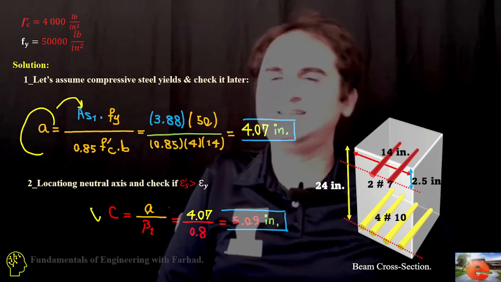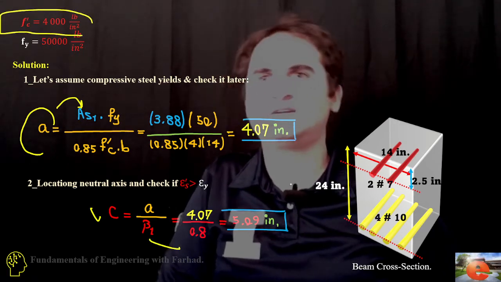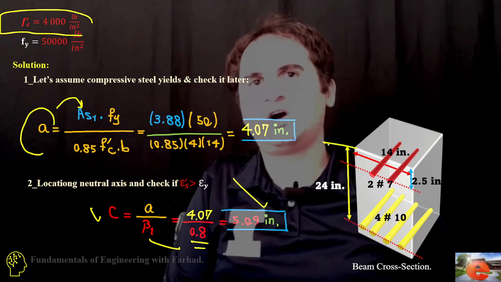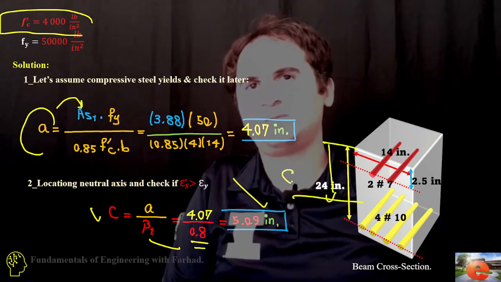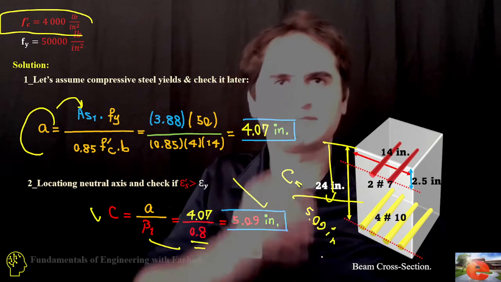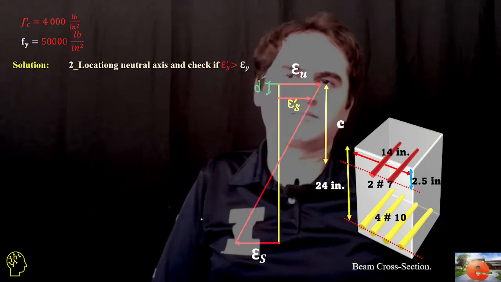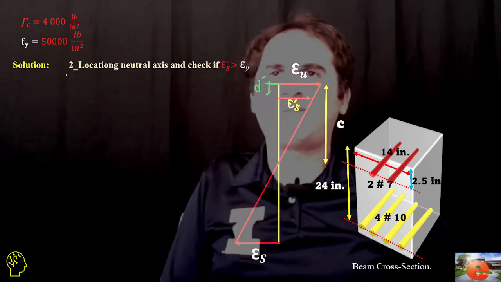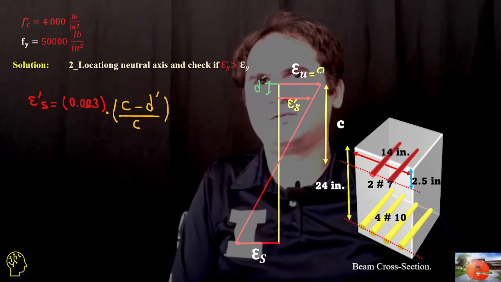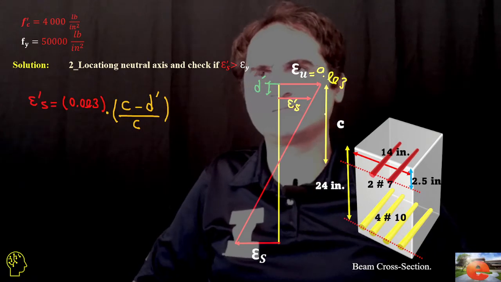Then c is a over beta 1, and for f prime c equal to 4,000, beta 1 is 0.85, which gives the height of the neutral axis from the top of the section equal to 5.9 inches. Epsilon u is equal to 0.003 here.